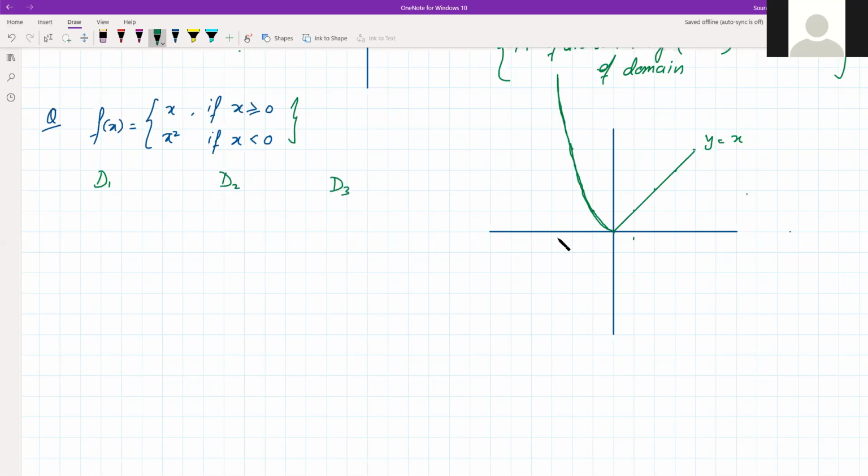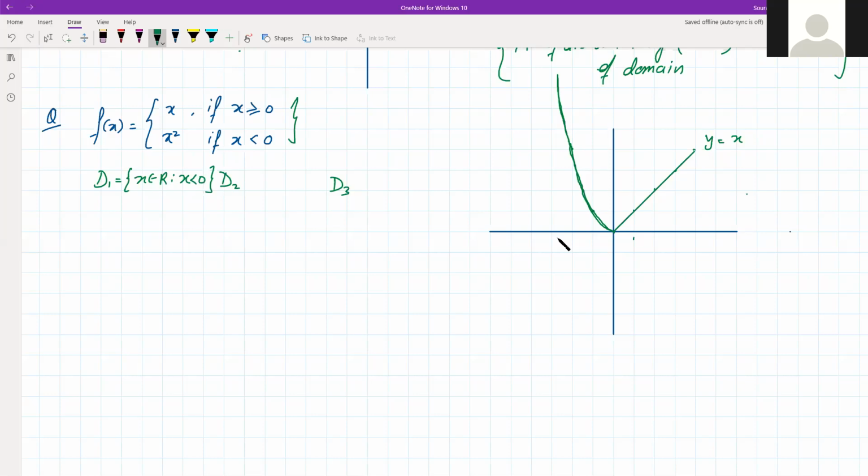D1 is your real numbers less than 0. If you have to write it properly, you will write x that belongs to real numbers such that x is less than 0.